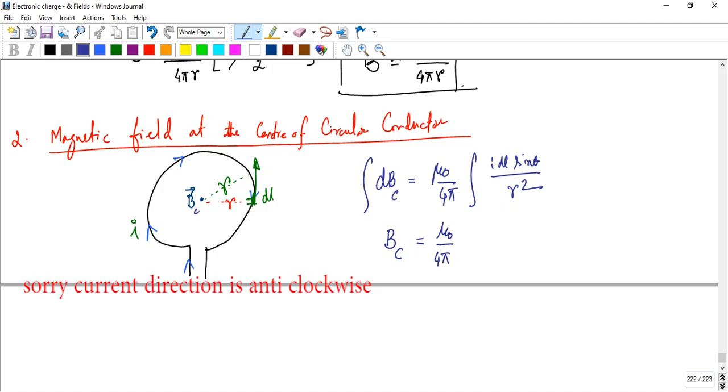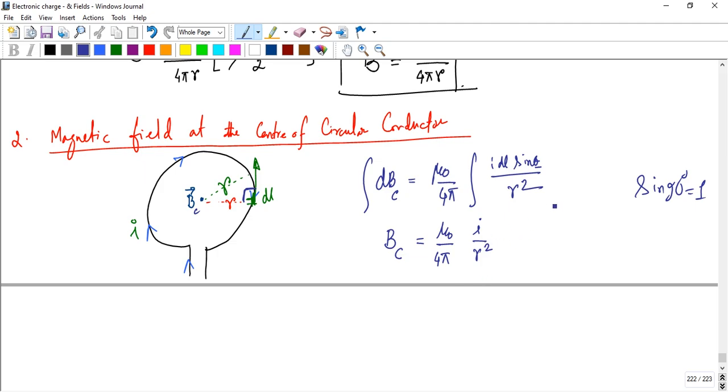The sine theta, where theta is the angle between r and dl, is 90 degree. Sine 90 degree is 1, sine 0 is 0, so that's why this term is 1. Then the integration of dl. After solving this, we get mu 0 upon 4 pi, I by r square, times the integration of dl, which is L. Magnetic field at the center C.